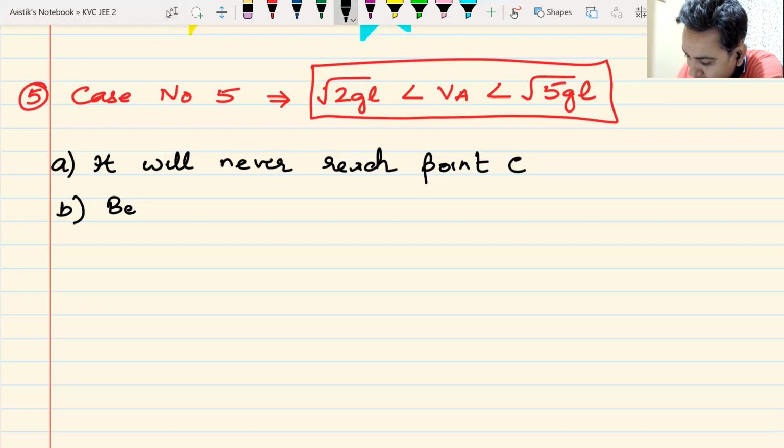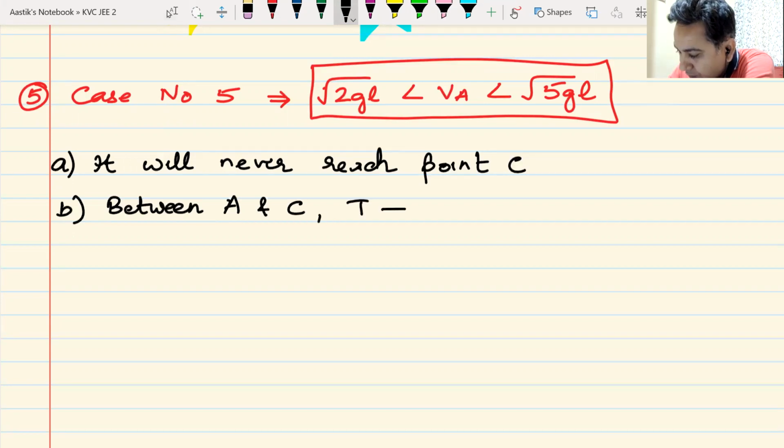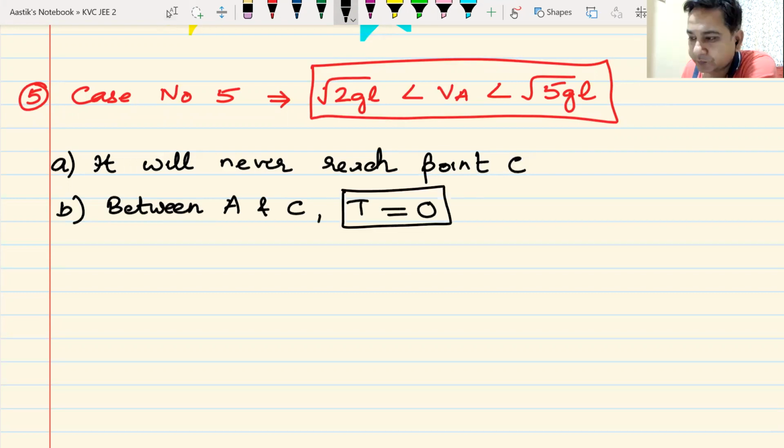Between point A and C, what will happen? Between point A and C, somewhere, tension T becomes 0.